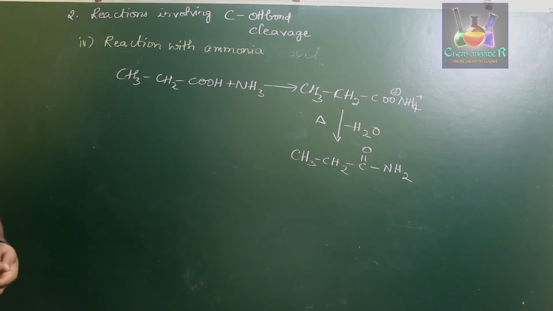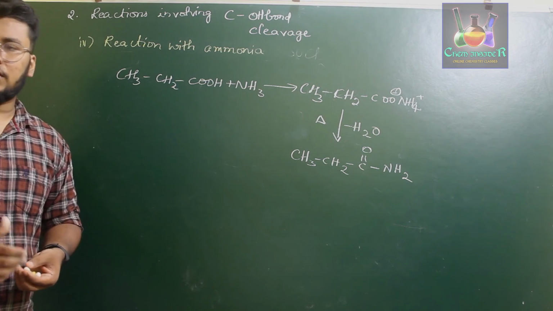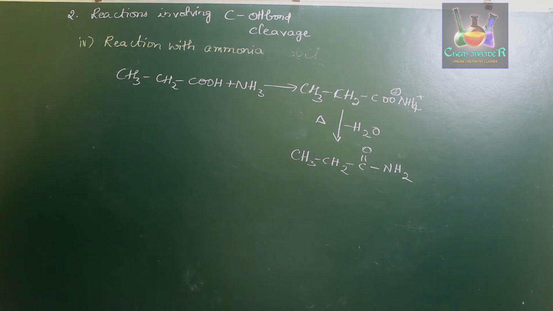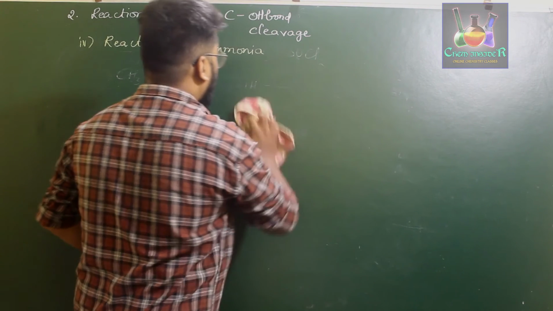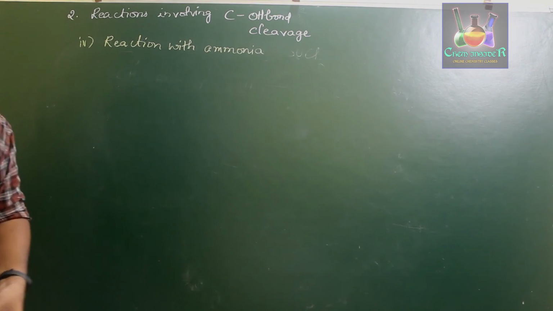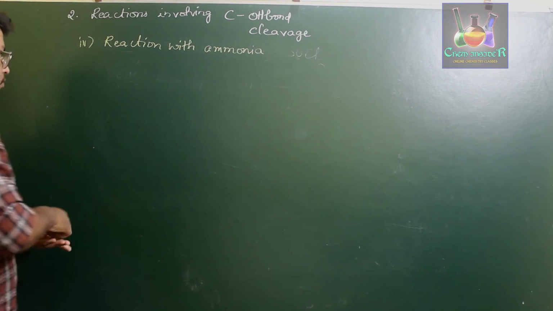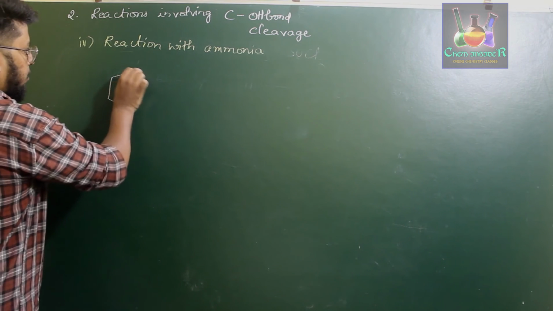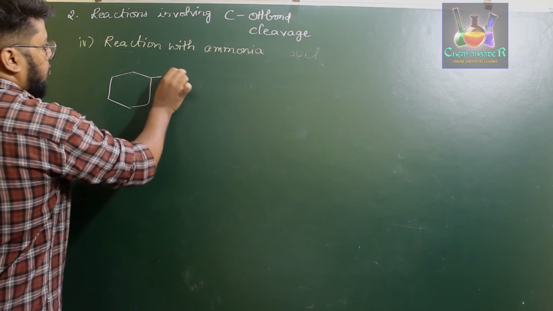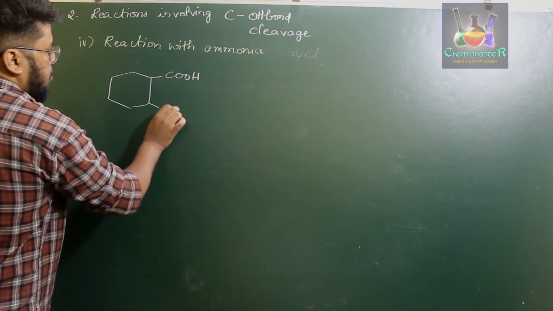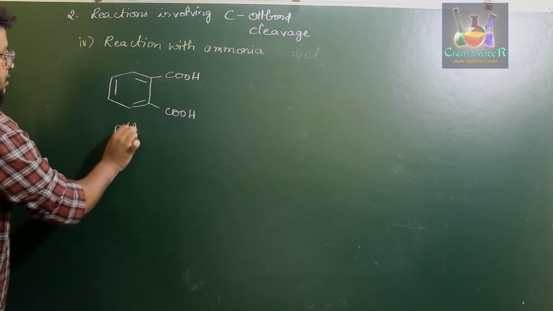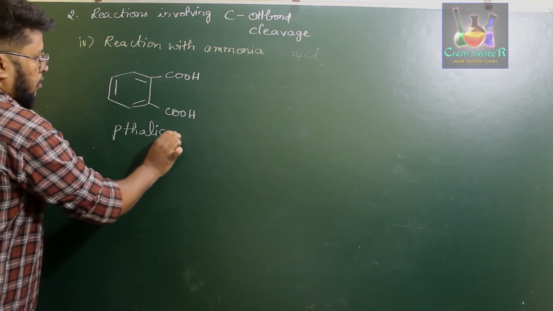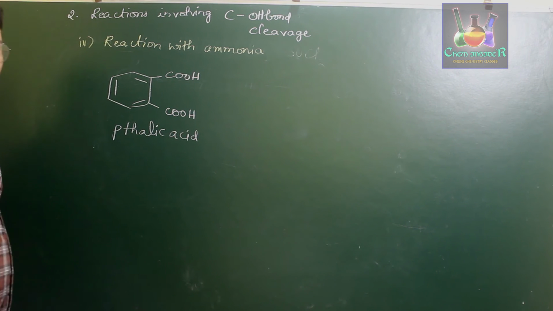But if you come across compounds which have multiple carboxylic acids, like for example, benzene-1,2-dicarboxylic acid, that is nothing but phthalic acid. This particular compound is called phthalic acid, or 1,2 benzene dicarboxylic acid.